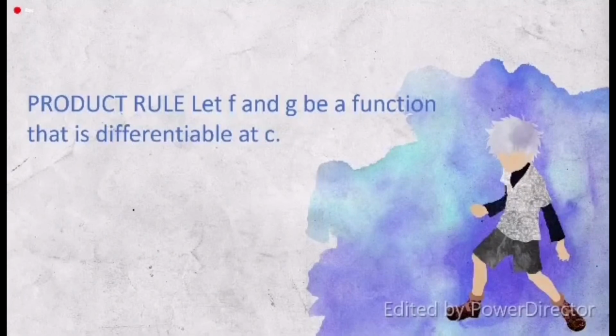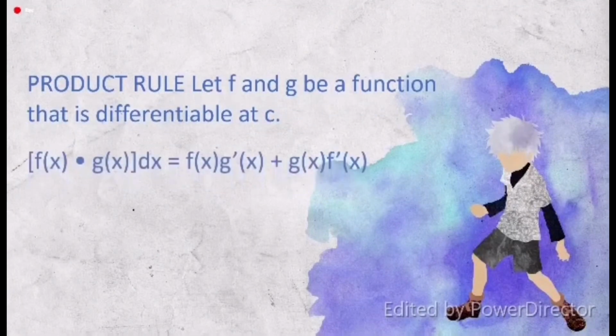The product rule: let f and g be functions that are differentiable at c, and the formula of the product rule is the derivative of f(x) times g(x) is equal to f(x) times g prime of x plus g(x) times f prime of x. Now, let's go to an example.